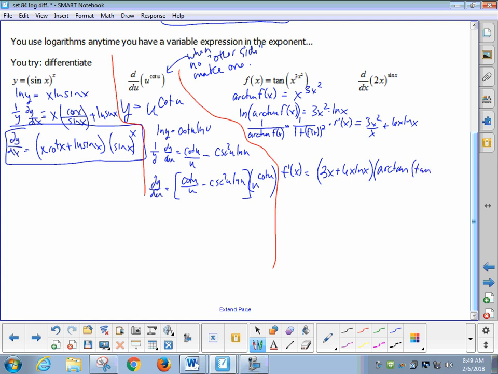Arctangent of tangent of x to the 3x squared. And then what about 1 plus f of x, 1 plus tangent of x to the 3x squared, all squared. Then we would just rewrite this as x to the 3x squared, or tangent of the tangent. That was fun, huh?